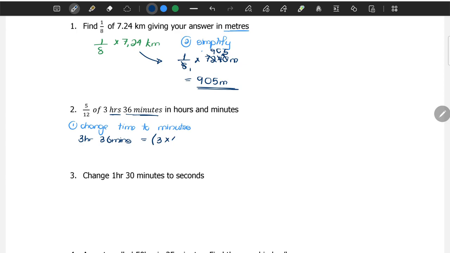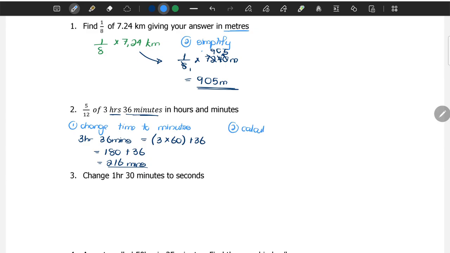So 3 hours is going to be 3 times 60 plus 36, which is going to be equal to 180 plus 36, which is 216 minutes.